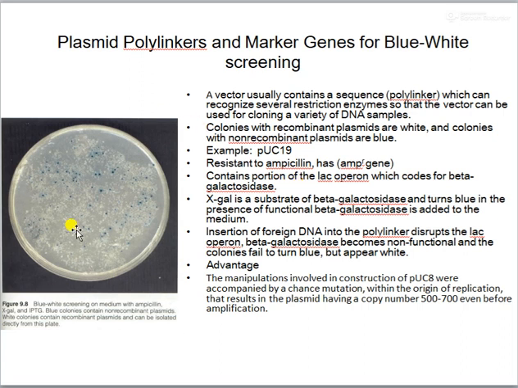When you grow the recombinant cells after transformation in a media, you use two selectable markers. One, of course, is the ampicillin resistance gene, because the pUC vector codes for that. And at the same time, you use another component called X-gal. X-gal is a substrate for beta-galactosidase.